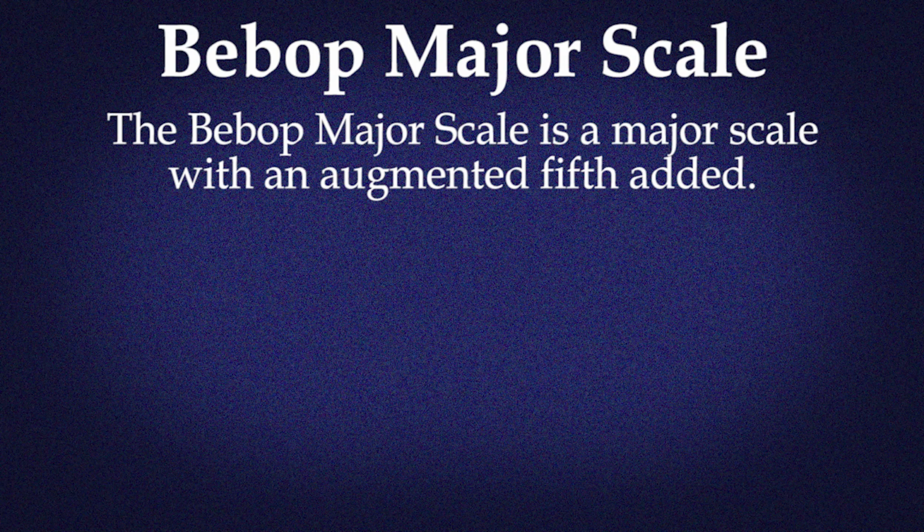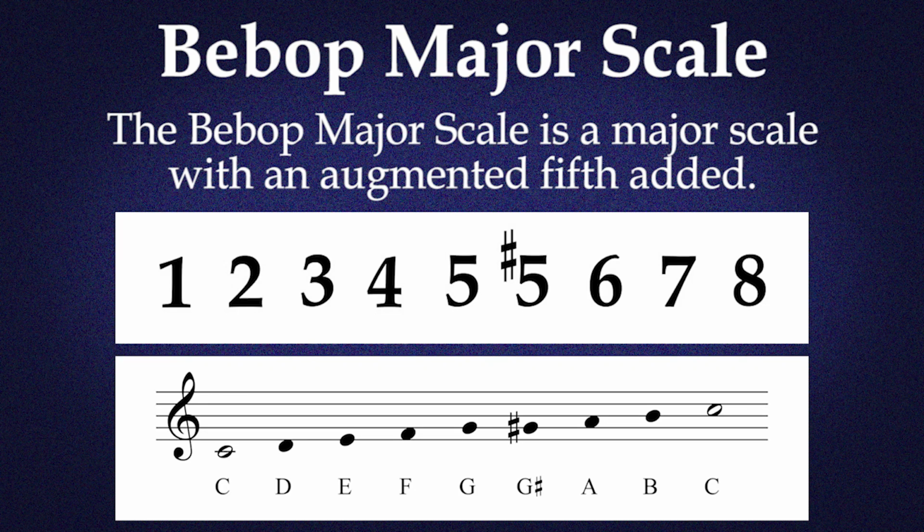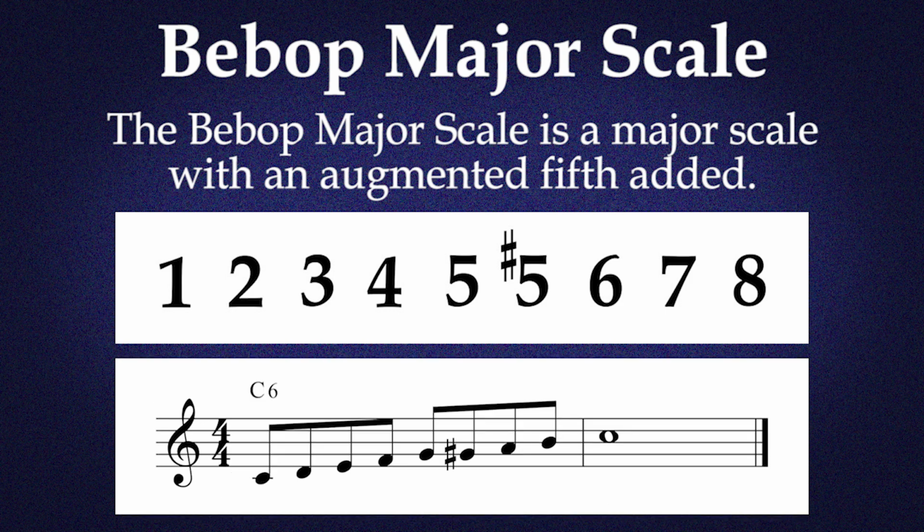The bebop major scale is a major scale with an augmented fifth added. Its formula is 1, 2, 3, 4, 5, sharp 5, 6, 7, 8. Notice that each chord tone lands on a beat. In jazz, the chord tones of a major chord are the 1, the 3, the 5, and the 6.